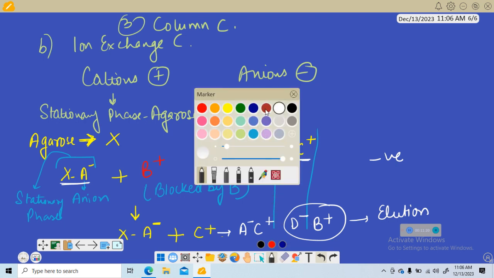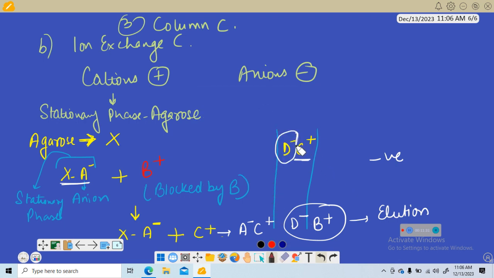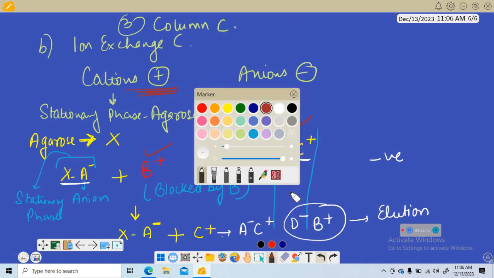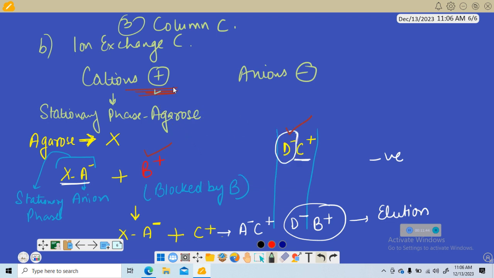Now what will be eluted out means what will come out? D negative and B positive. We were talking about cationic, means cations, so we will check the positive sign. So positive is what we need, B positive is eluted out.